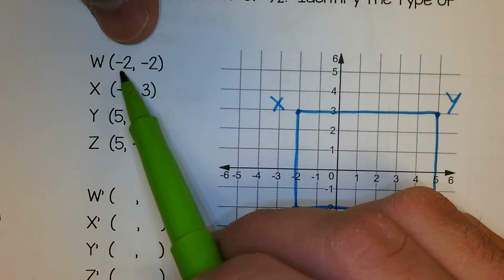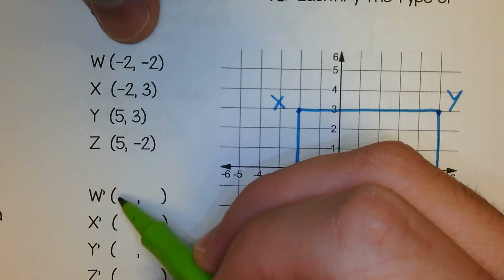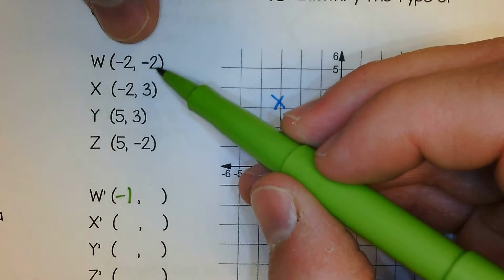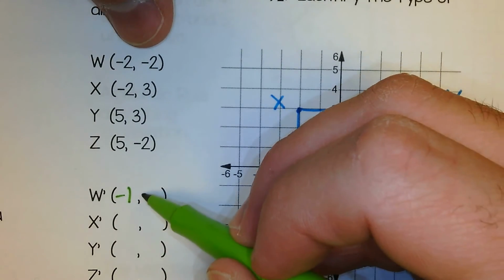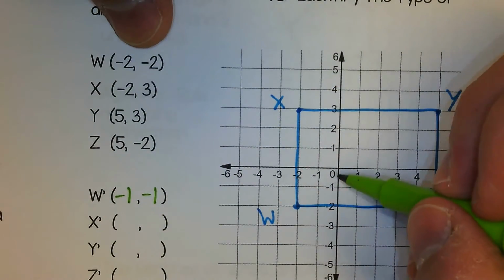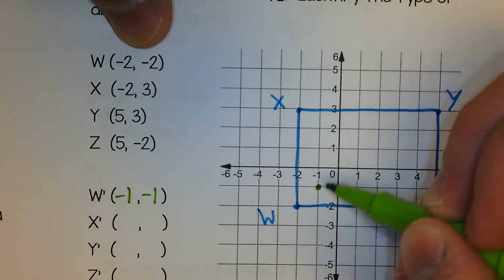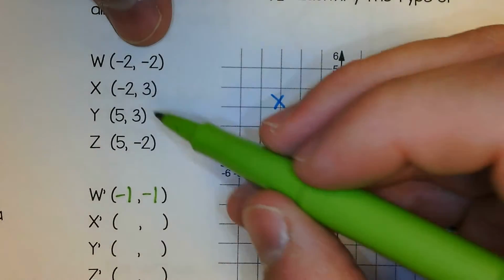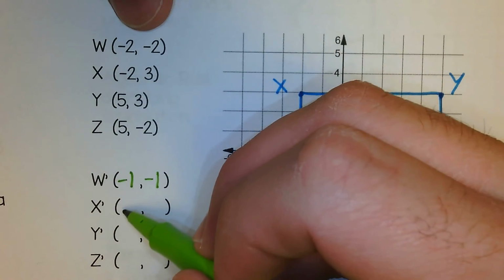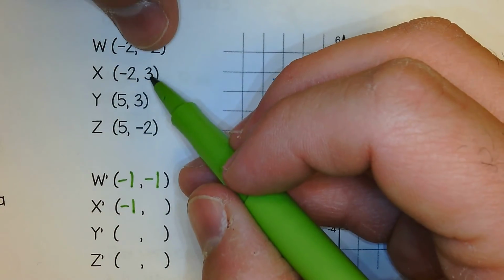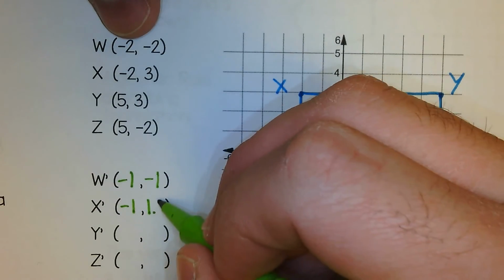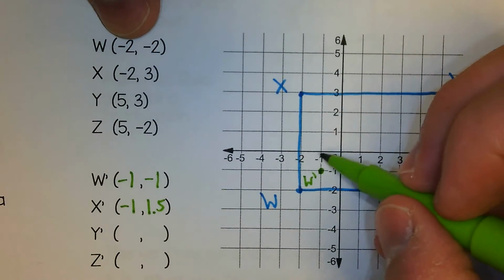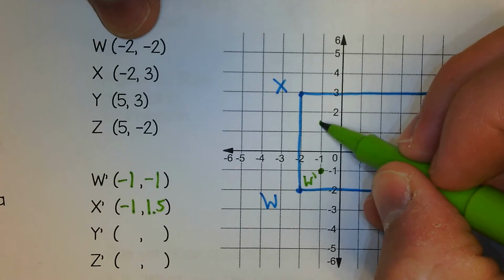So -2 times 1/2 would be -1. -2 times 1/2 would be -1. So W prime is going to be at (-1, -1). Then -2 times 1/2 would be -1. 3 times 1/2 would be 1.5. So (-1, 1.5).